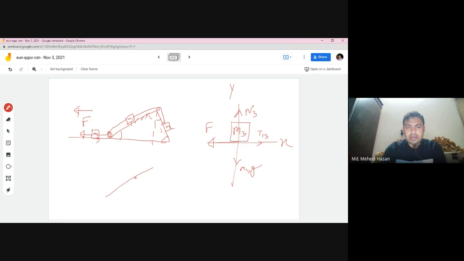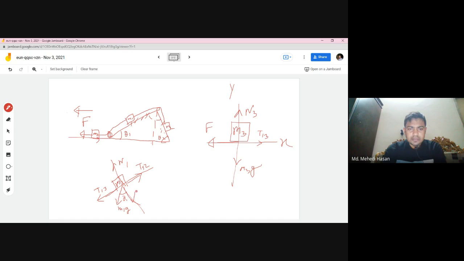Now for M1, if we consider M1, this is M1, and normal reaction force is upward, which is N1. Okay, and tension is acting along that direction T13, tension upward direction উপরে স্ট্রিং এর জন্য it will be T12, and weight is downward, which is M1G, and this weight, if we consider this angle is theta 1 and this is theta 2, then this angle will be theta 1.